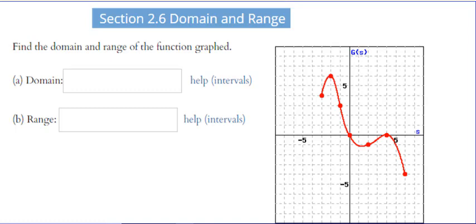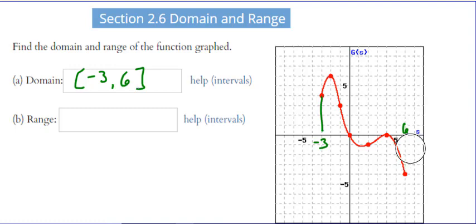The furthest point, just bring it down, is at -3. And the furthest point to the right, bring it up, is at 6. So the domain for this would be -3, 6. Those are the furthest x value to the left and the furthest x value to the right.